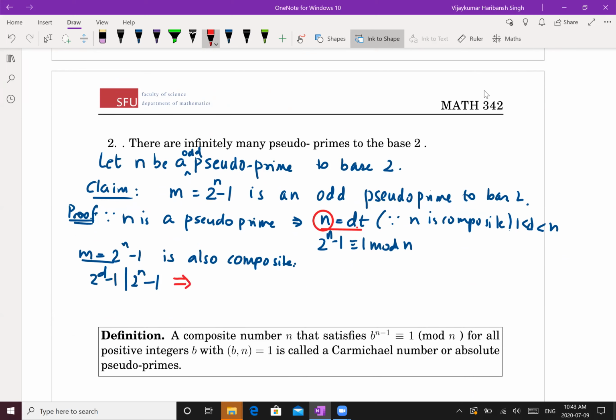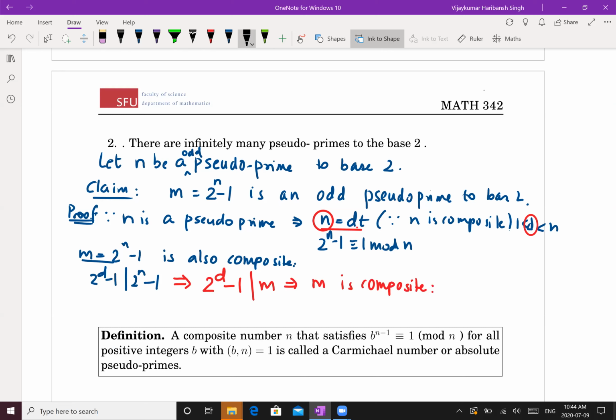This means that 2 to the power d minus 1 divides m. And note that 2 to the power d minus 1 is less than 2 to the power n minus 1, because it's a strict divisor here. Therefore m is composite.